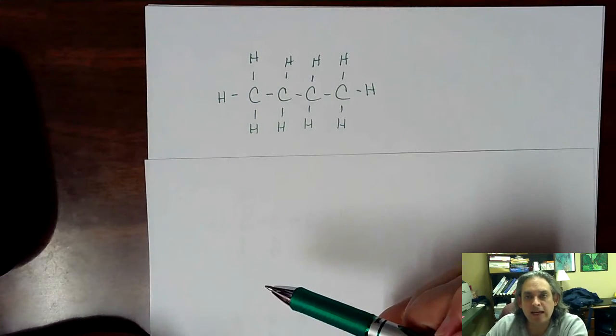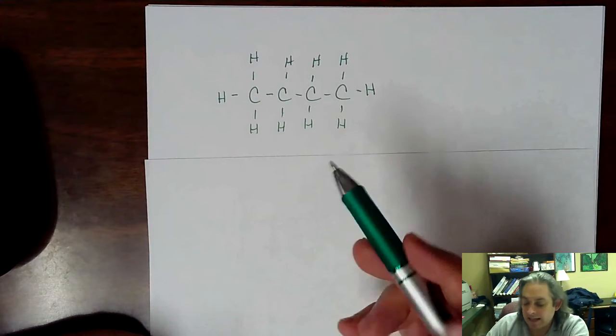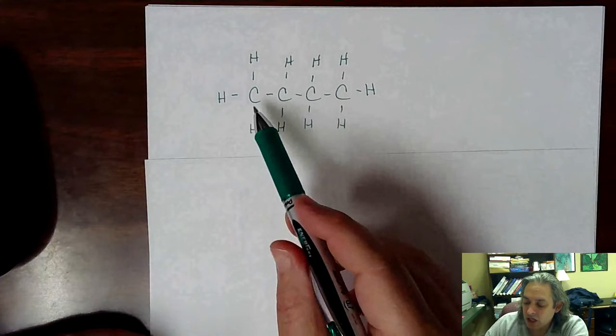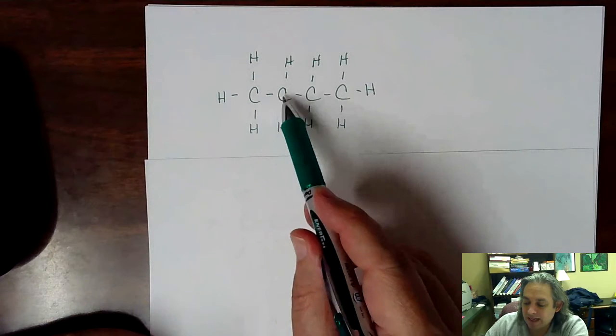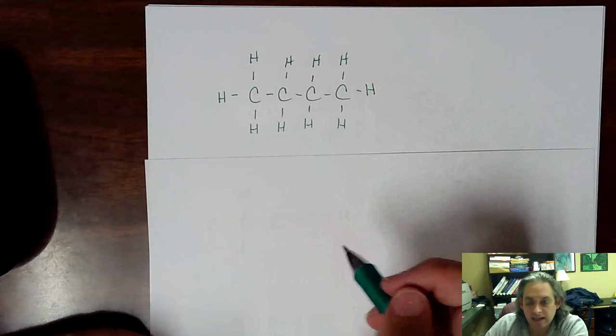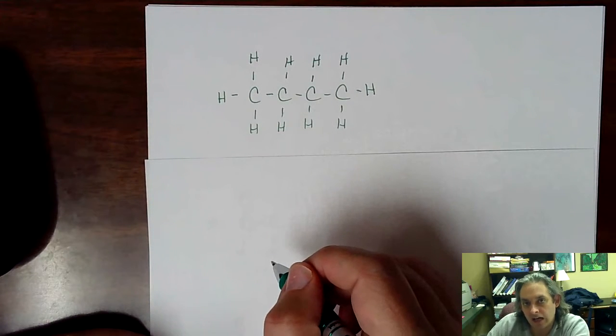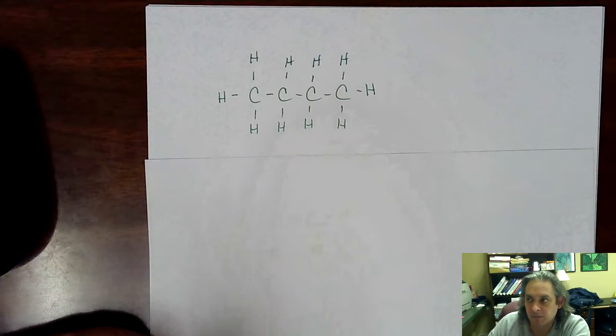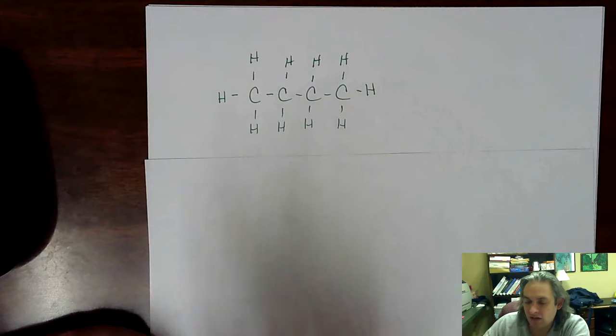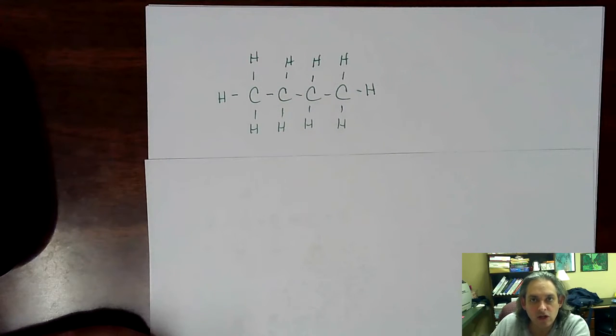Now a short way of drawing this structure is basically we're going to eliminate these carbons. Instead of writing them, we're just going to put them as corners of a zigzag line. And so wherever there is a corner or a change in the direction of the line, that is represented by a carbon.